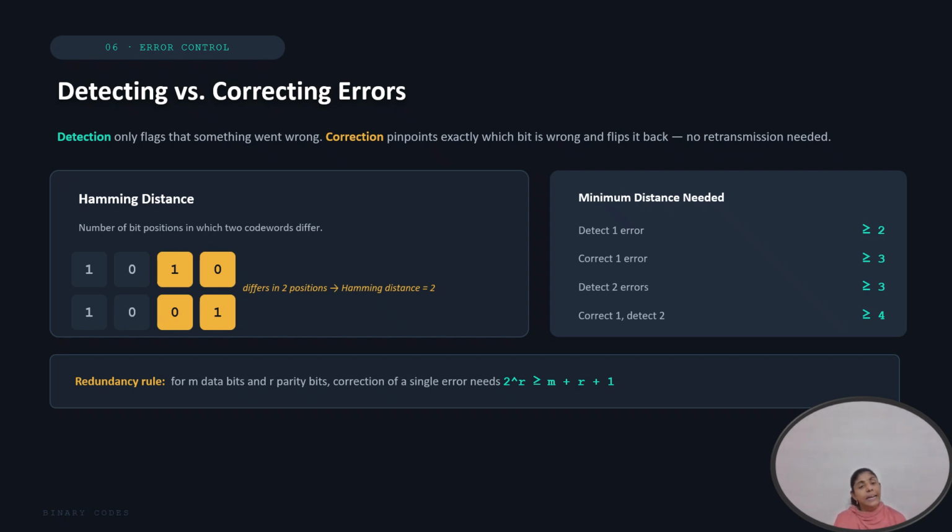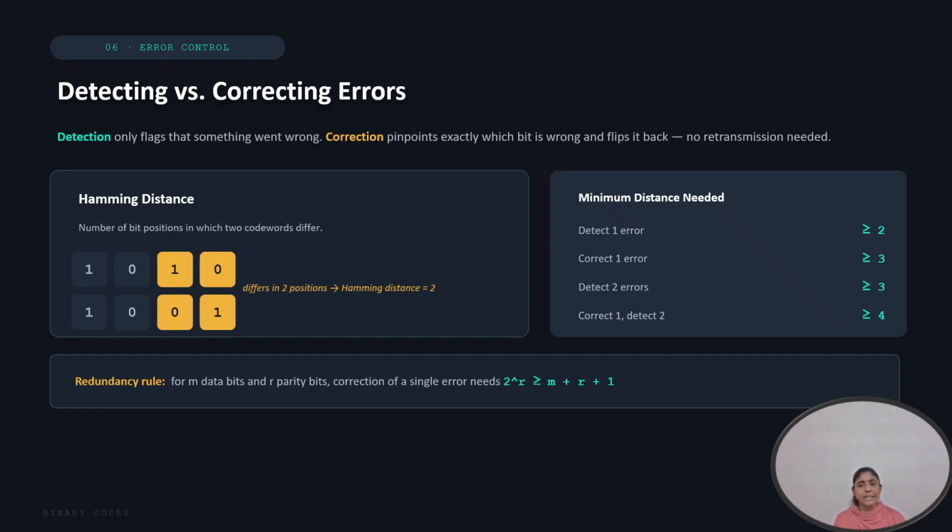Next, errors can be controlled. How can you control the error? By detecting the error as well as by correcting the error, right? What is meant by detecting the error? You can find whether an error is there or not. So that is detection. Something went wrong. That is detection, right?